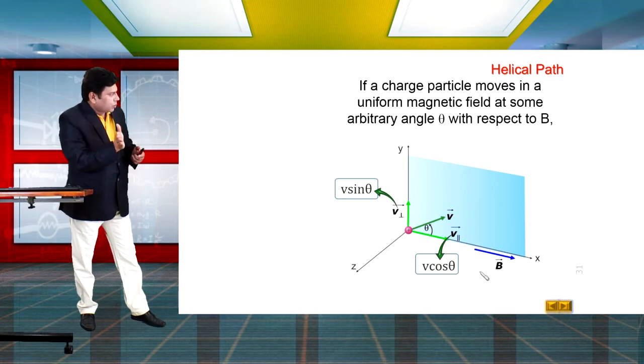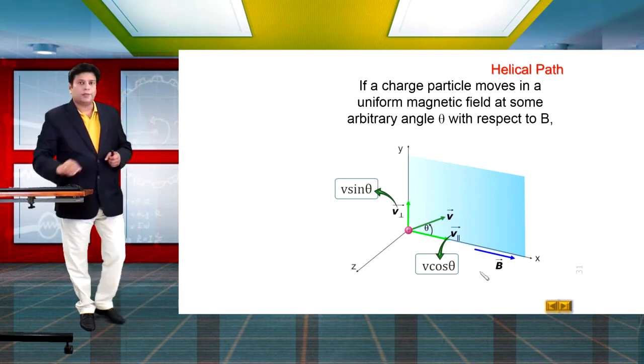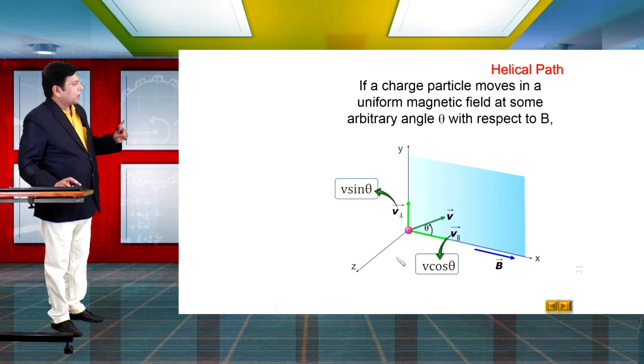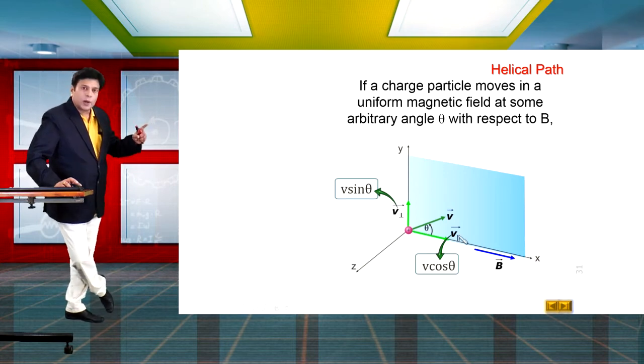So the force on this charged particle will be along the minus z direction, perpendicular to this velocity component. That means the motion of the charged particle will become circular. But the component v parallel will remain unchanged.